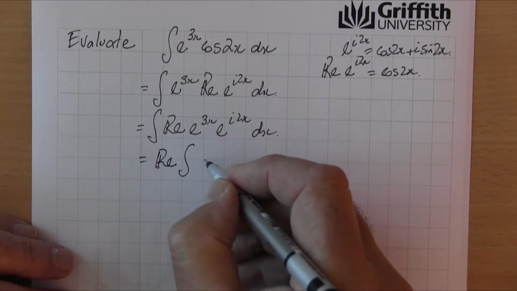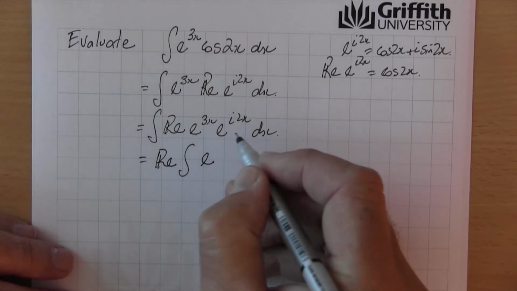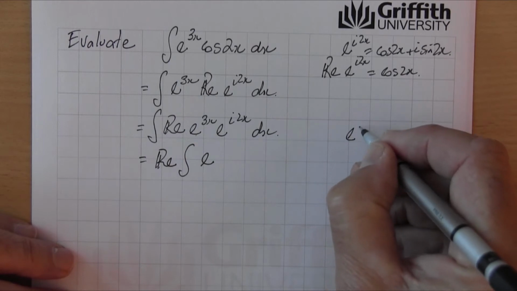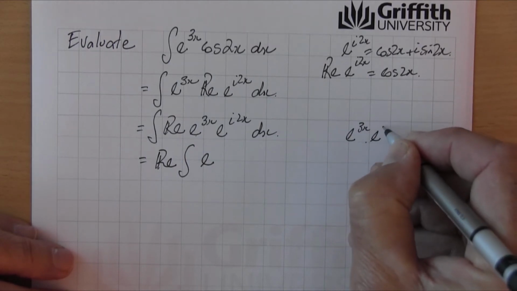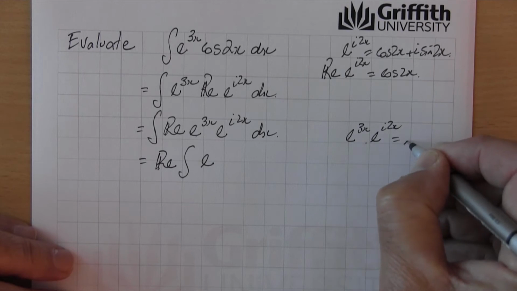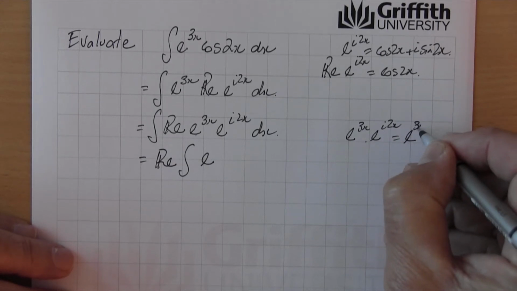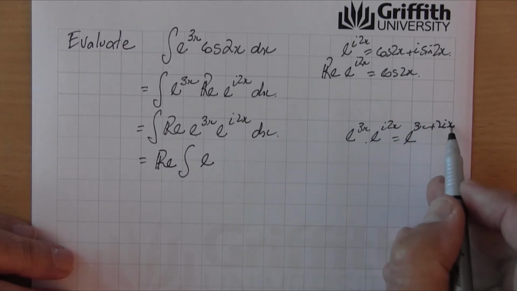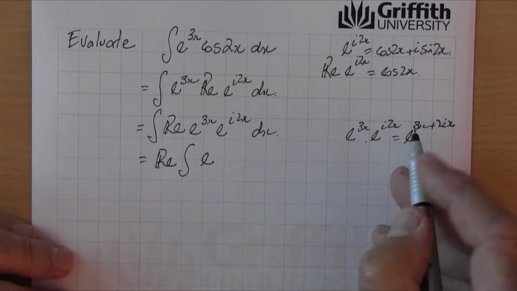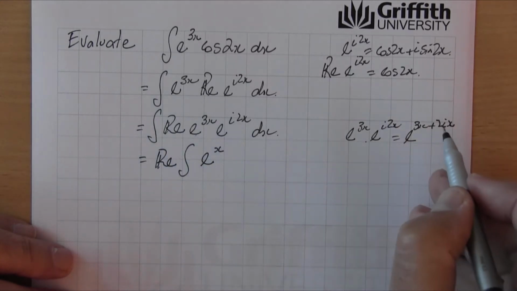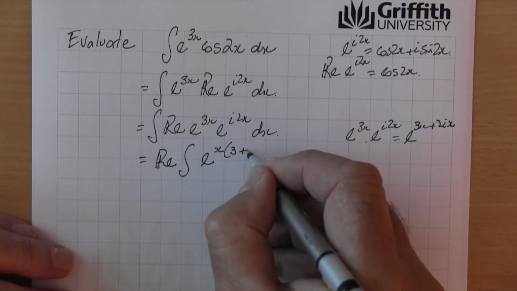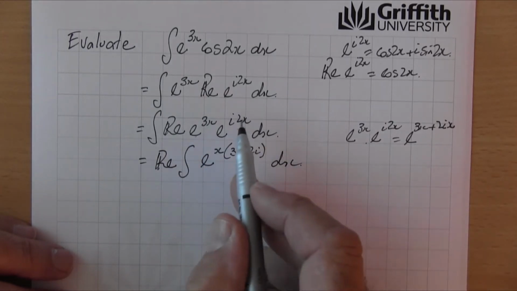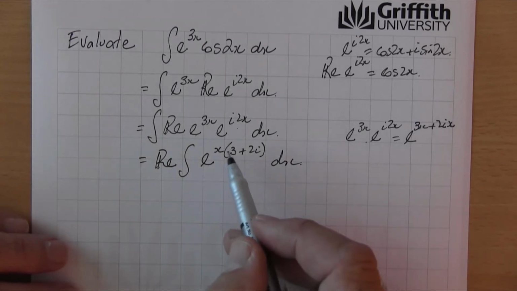When you're multiplying like bases, you add the indexes, so e to the 3x times e to the i 2x is equal to e to the 3x plus 2ix. Now x is common in the power, so it can come out the front, so it'll be e to the x times (3 plus 2i) dx. So I've multiplied them and then just taken the factor x out the front.